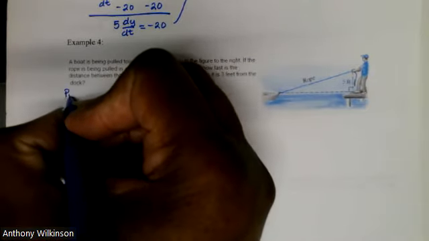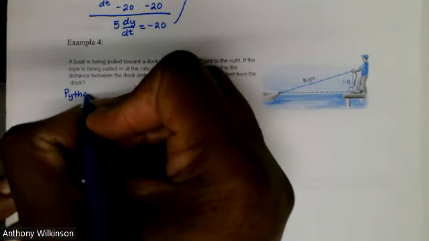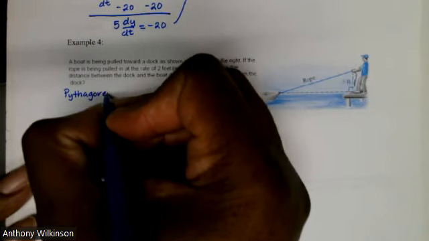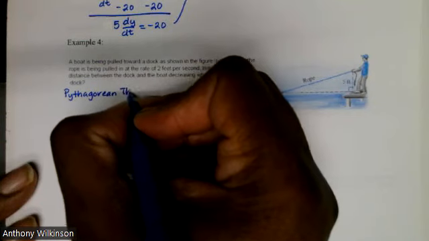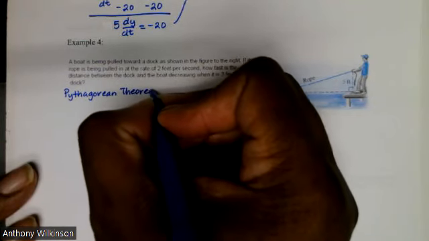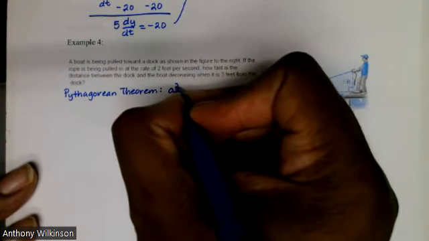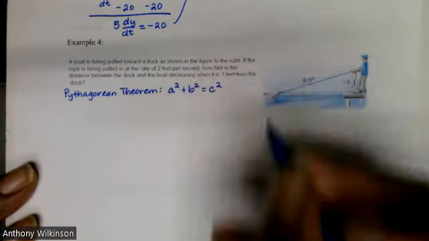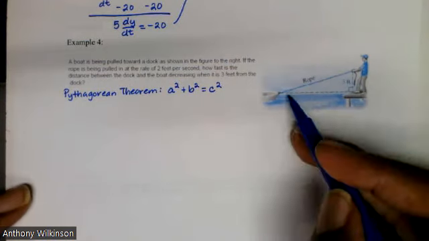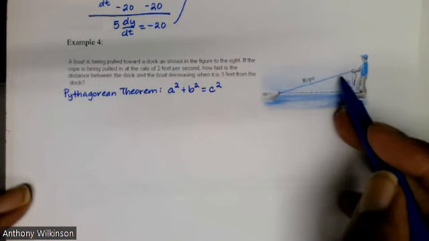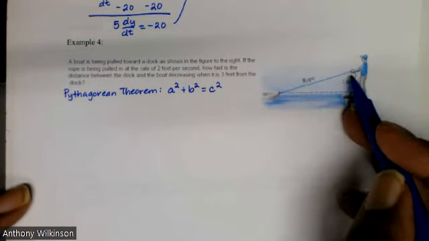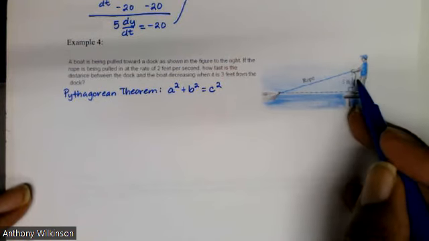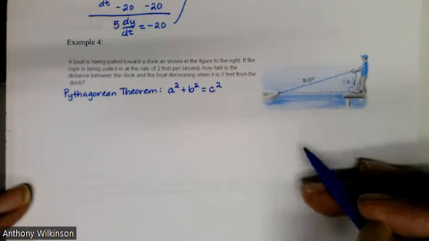I don't know if you remember this, but the Pythagorean theorem is a squared plus b squared equaling c squared. In other words, the longest side is the hypotenuse here, which is your rope. The square of that hypotenuse will be equal to the sum of the squares of the other 2 legs in that right triangle.